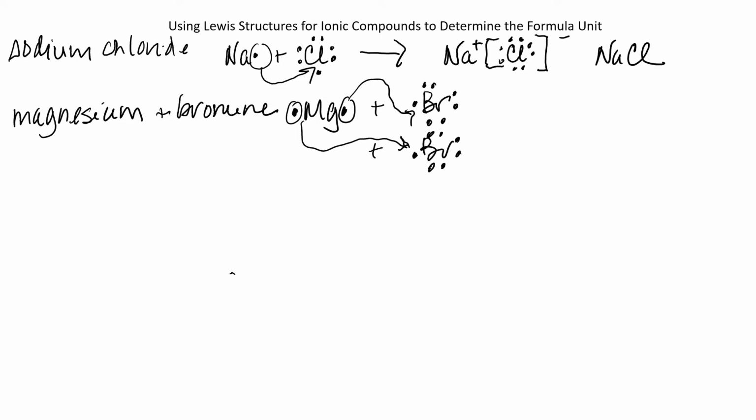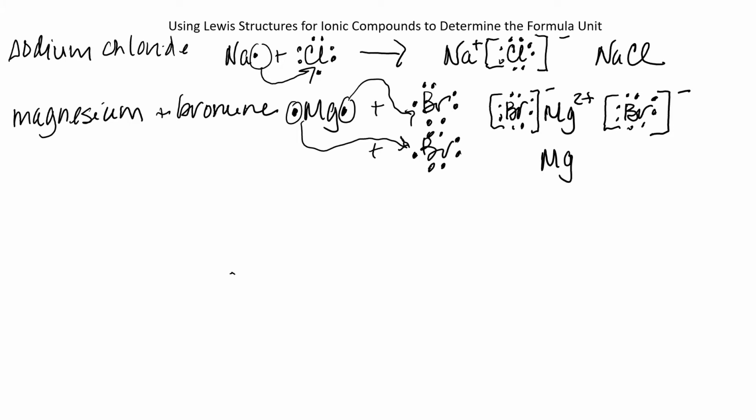So the correct Lewis structure for this ionic compound is magnesium with a 2 plus charge in the center and the 2 bromines that are attracted to that plus 2 charge on either side. And then, of course, the formula unit, MgBr2.